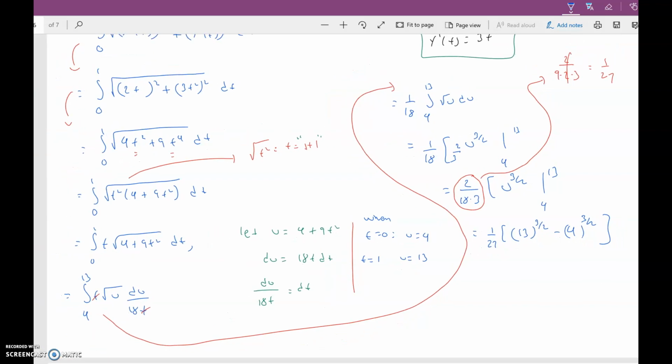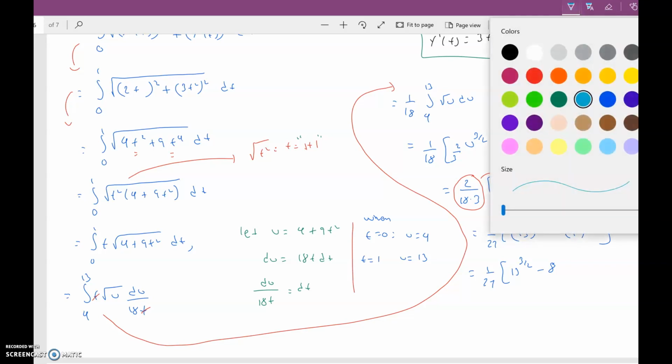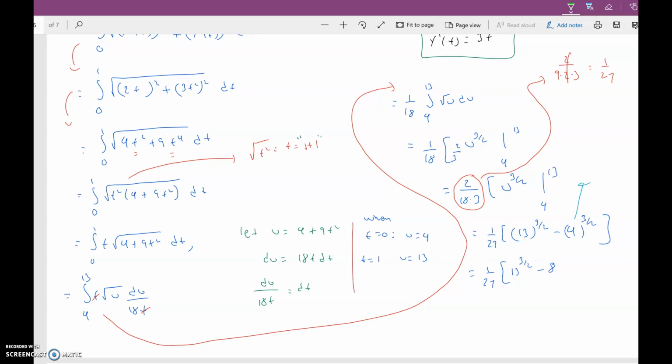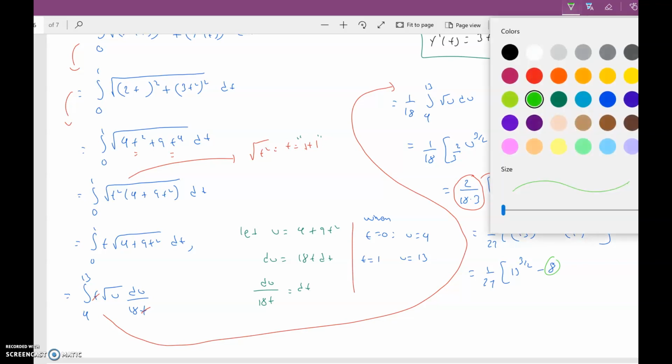I'm not sure that actually simplifies a whole lot. So 1/27 times 13 to the 3/2 minus 8. And what I'm doing here to simplify it, let me use green, is this is going to be 4 to the 1/2 to the 3rd power, which is going to be 2 to the 3, or 8. That's why I'm getting that 8.